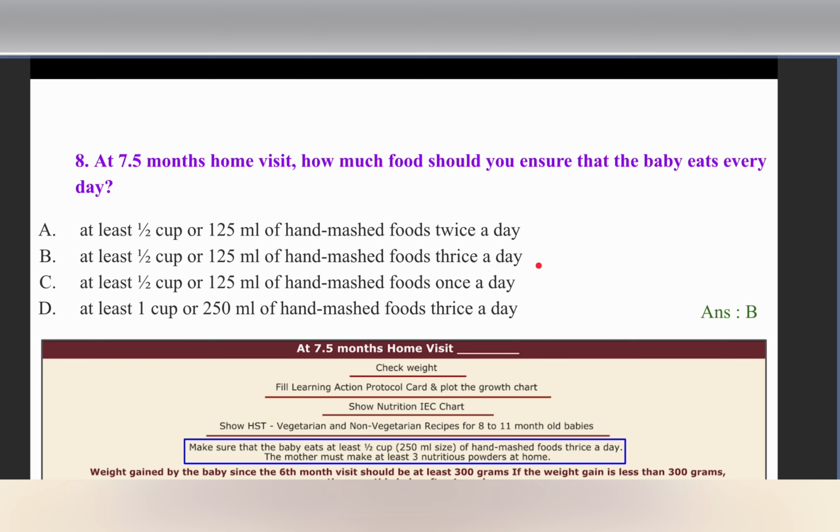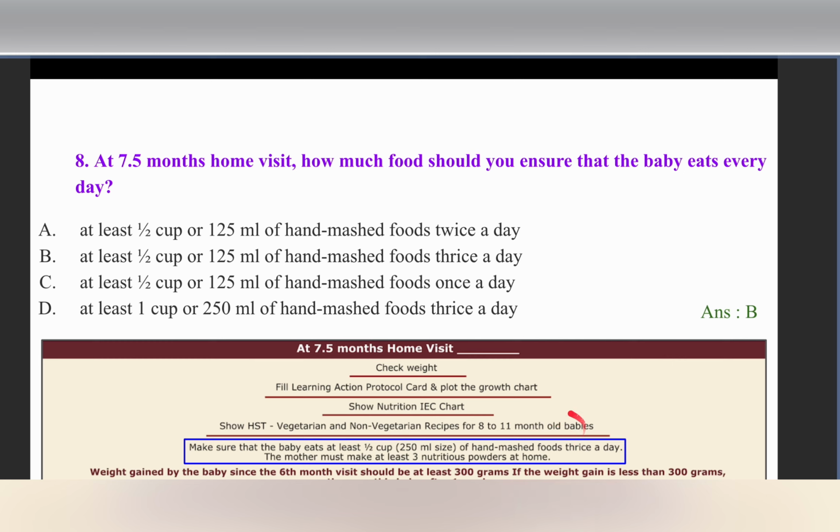As I have been constantly emphasizing these 3 factors, the amount, the consistency and the frequency of the food, these 3 are very important factors related to the baby's diet. So the amount for 7.5 months is half a cup, which is 125 ml of hand mashed foods.